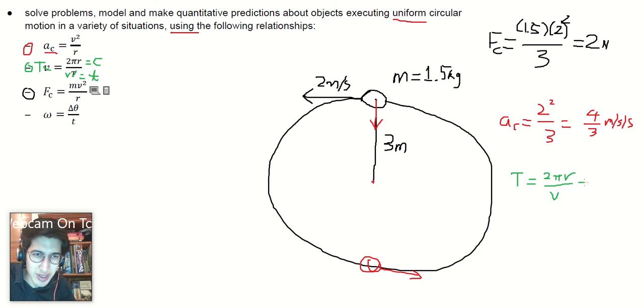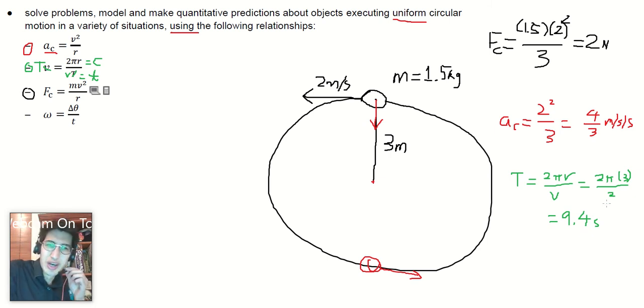Sorry, I should have written what those actual values are. 2 pi times 3, which is r, over velocity, which is 2. And let me calculate that, and let me calculate acceleration while I'm at it. And bing, magically 9.4 seconds is what 2 pi 3 over 2 gives us.